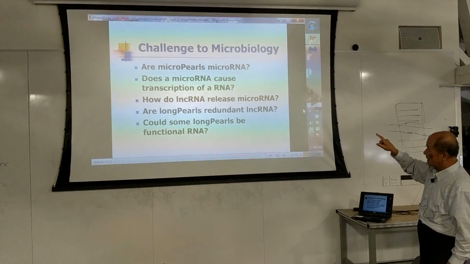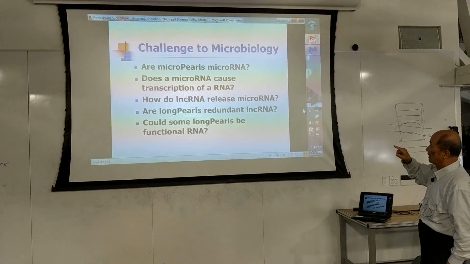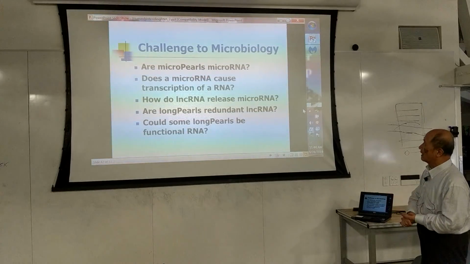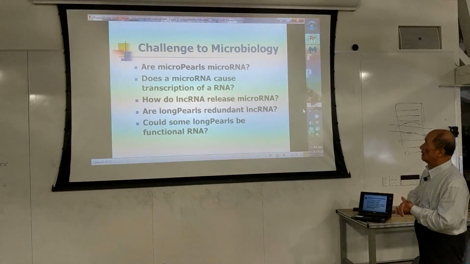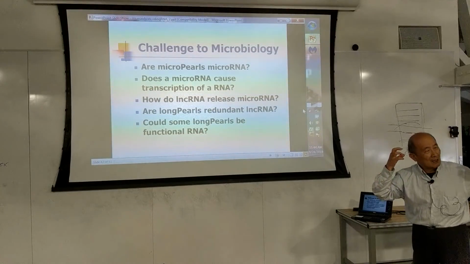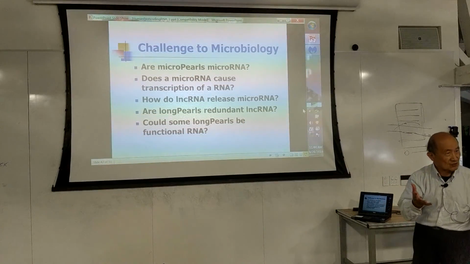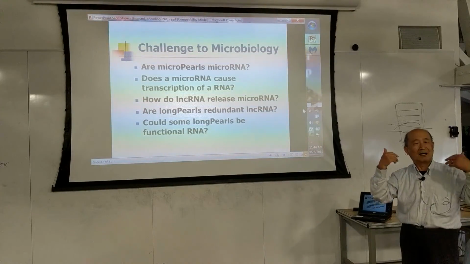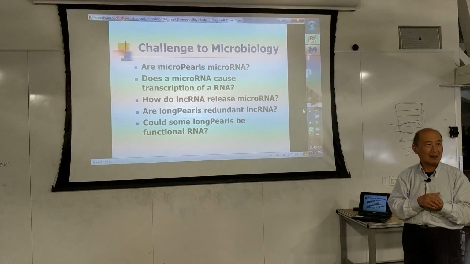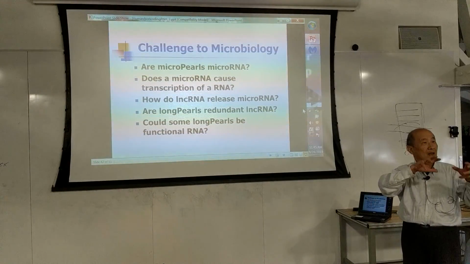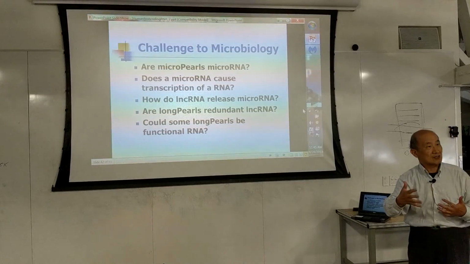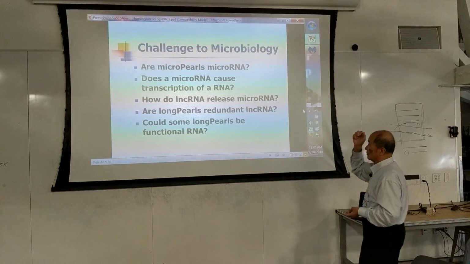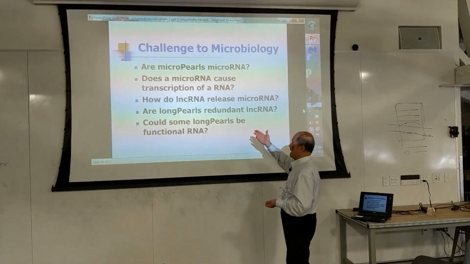Then how do long non-coding RNAs release microRNA? I don't know. I can only show you that there are clusters of microRNA in long non-coding RNA, but I don't know how these clusters are processed to cause the release of the microRNA. This needs experiments to prove. And I found lots of long pairs. Are they redundant, or do they have function?